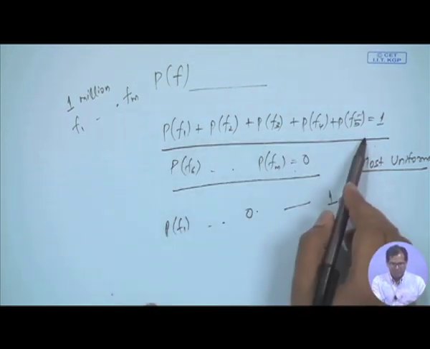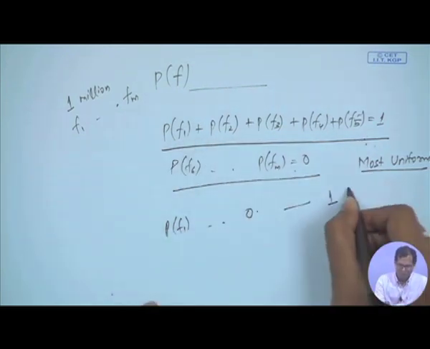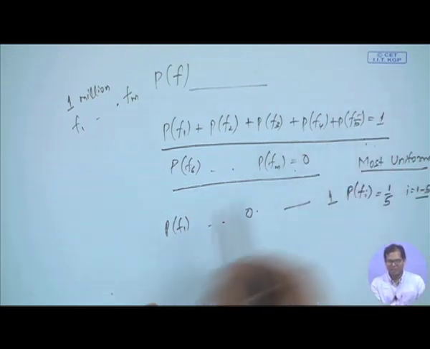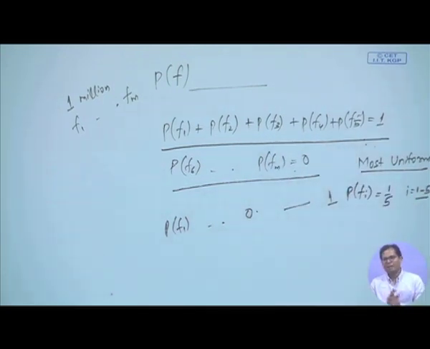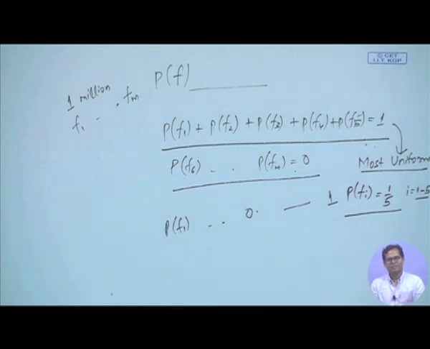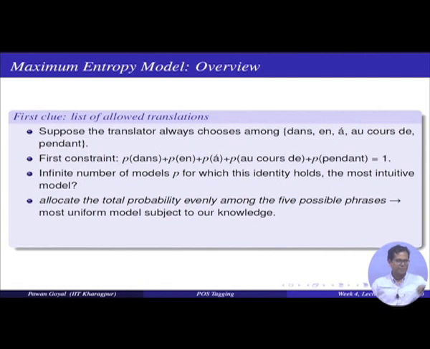It is easy to see in this case that the most uniform model will be one that gives P(fi) equal to 1 by 5 for i equal to 1 to 5. For all these 5 phrases, it gives the probability 1 by 5, and everything else, it gives the probability 0. So this is the most uniform model given this constraint. We allocate the total probability evenly among all these 5 phrases. That is the most uniform model subject to our knowledge.